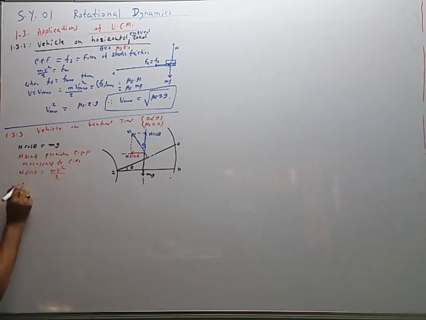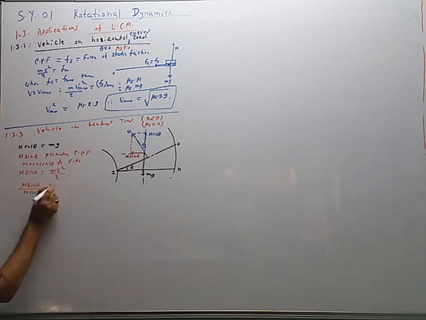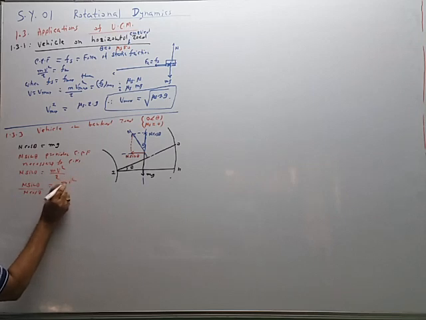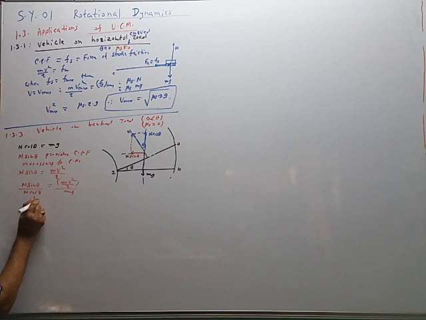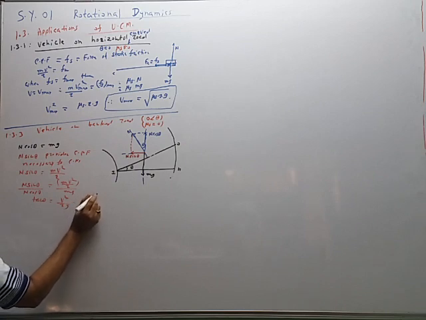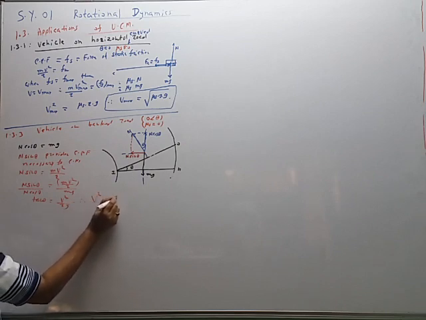So if you divide this equation, then we get N sin theta upon N cos theta is equal to mv square upon r divided by mg, and therefore tan theta is equal to v square upon rg, and therefore v square is equal to rg tan theta.